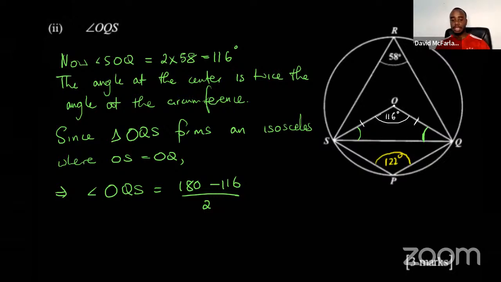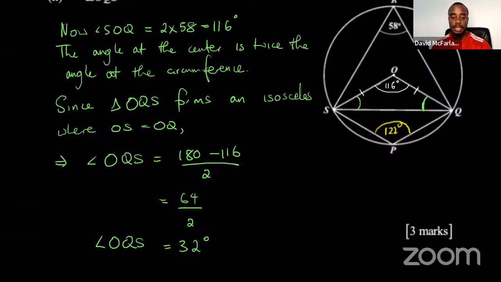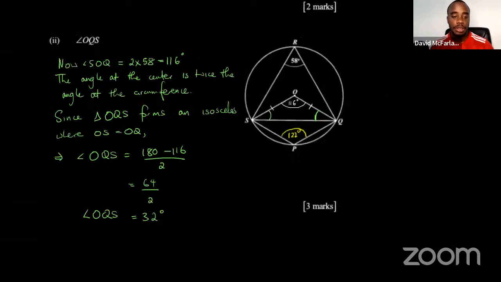Because remember, the two angles are going to be equal. Now, 180 minus 116, that's 64 degrees. And 64 divided by 2, that is 32 degrees. So angle OQS is 32 degrees. All right?